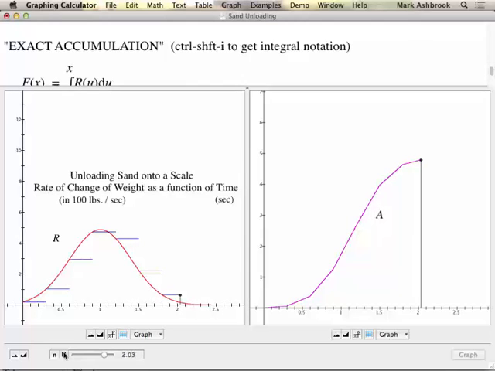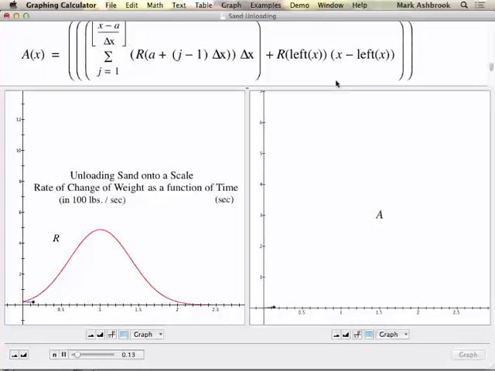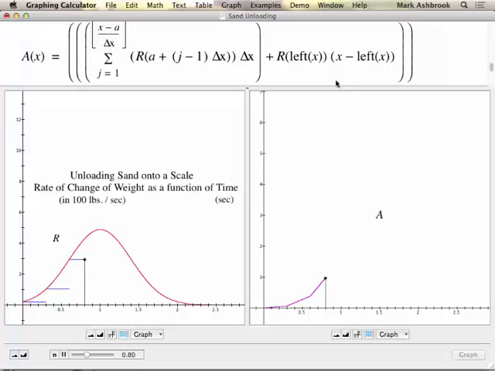As time goes by, as x increases, we're seeing that step function emerging point by point as steps. And likewise, as time goes by, our approximate accumulation function emerges according to the equation that we built.